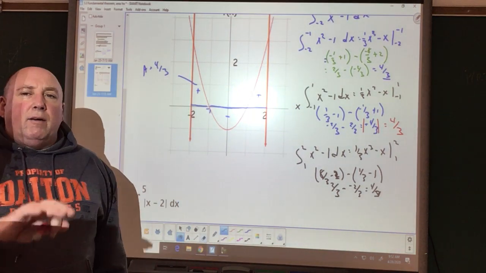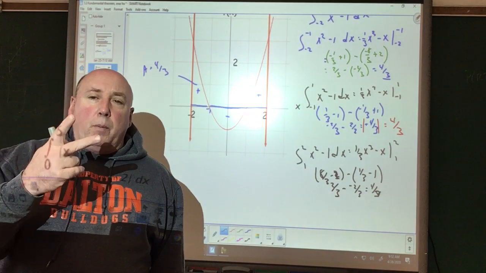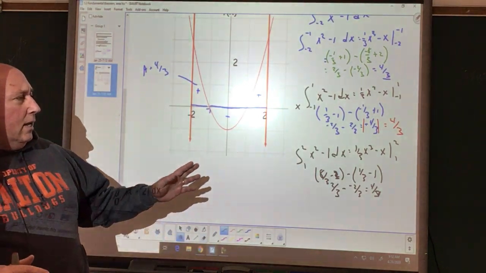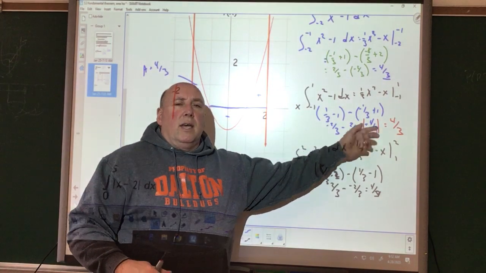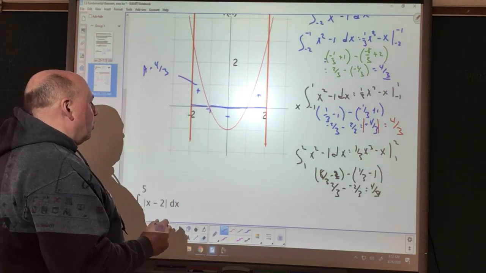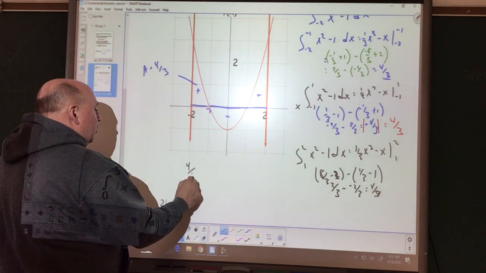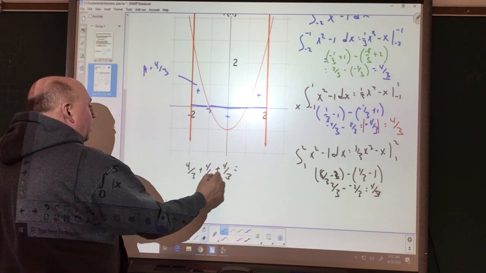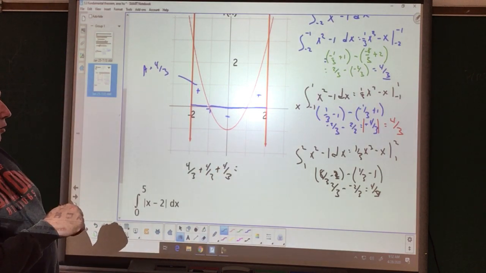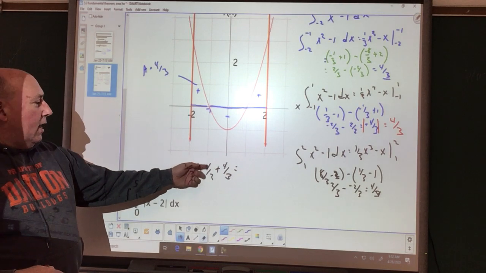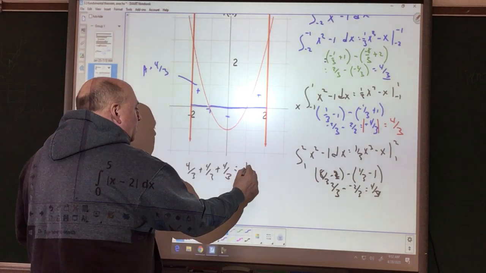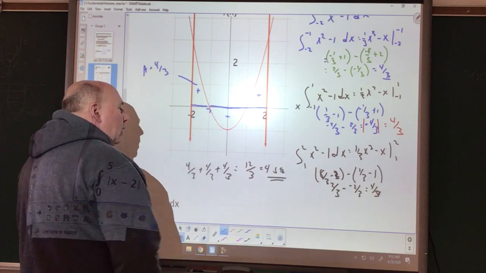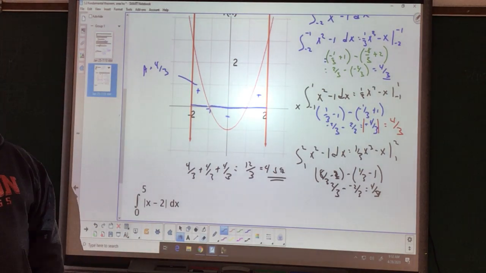So what we have is 3 different areas. 2 of them are positive, 1 is negative. What we have to do to get our total area is take the absolute value of this negative to give us a positive. So our total area is 4/3 plus 4/3 plus 4/3. That gives me 12 over 3, which will give me 4 square units.